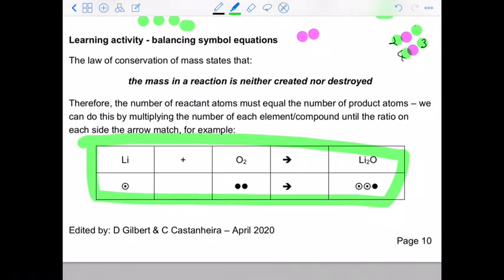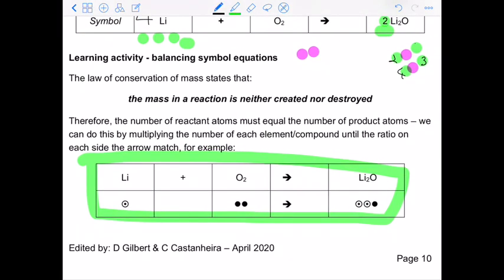So hopefully you have that you need 2 lithium oxide molecules, and so you need 4 lithium atoms. So that would be how we balance an equation.